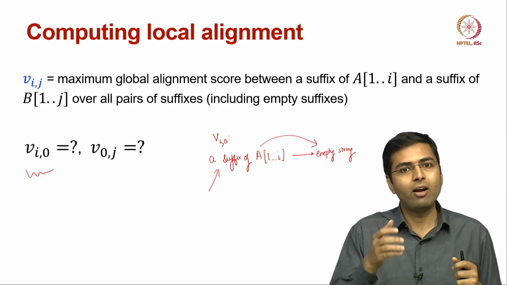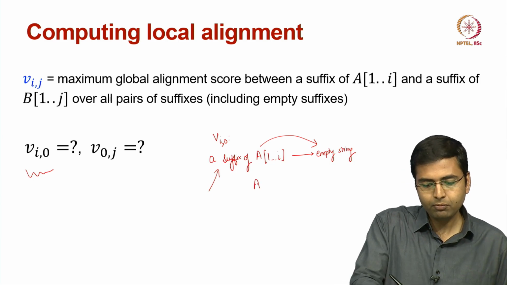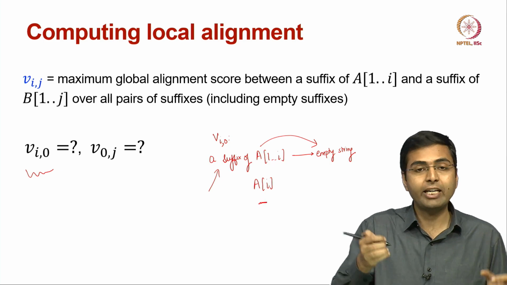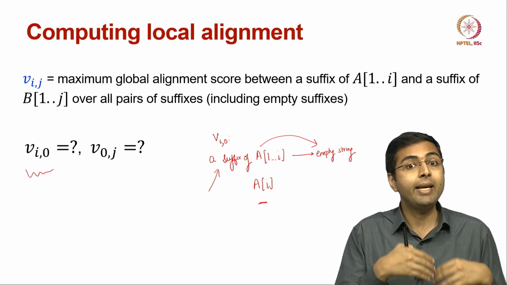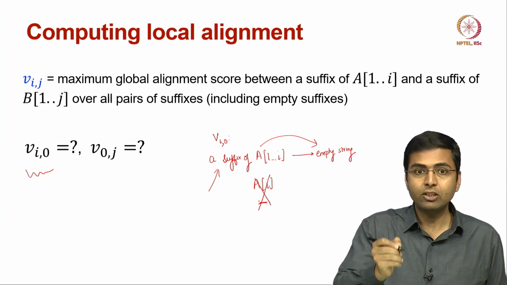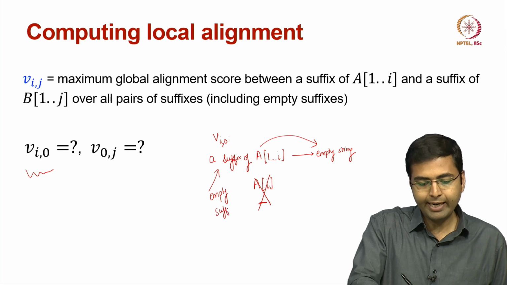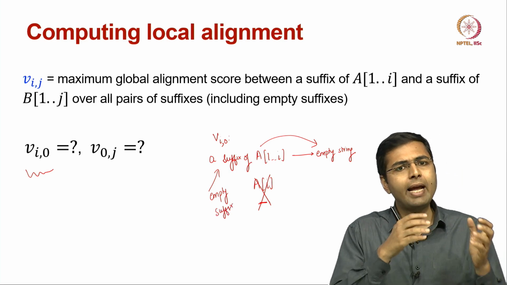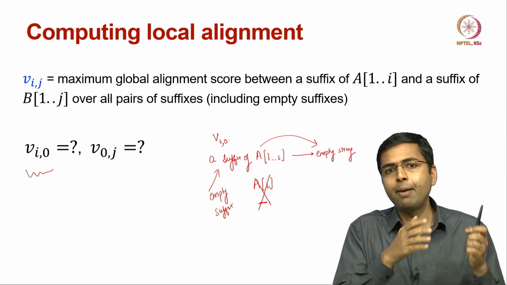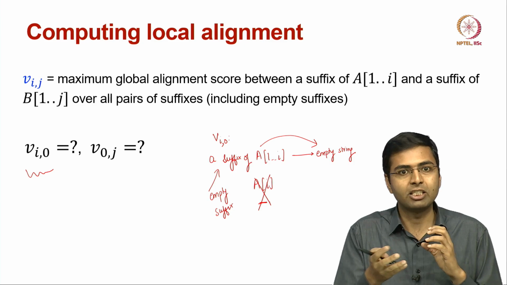Suppose I consider a non-empty suffix; then I would have to insert dash characters in my alignment, which would give me a negative alignment score. So, in order to prevent that, I select an empty suffix, that is an empty string, and the score of aligning an empty string to an empty string is 0, because there is no character that is getting matched or mismatched.